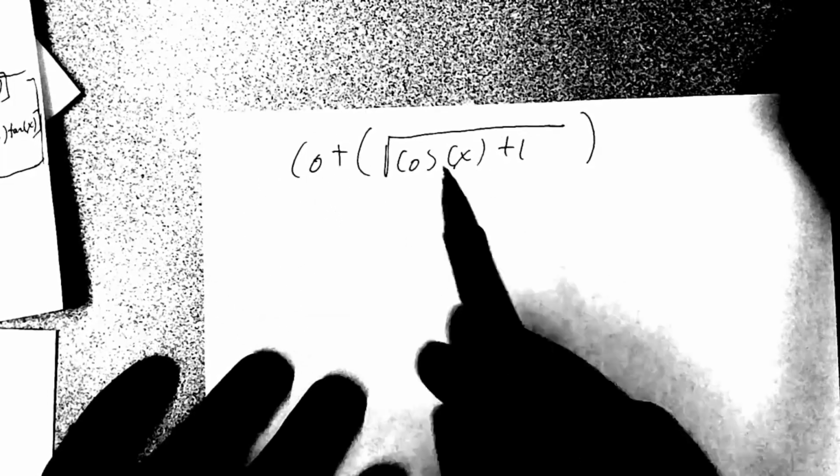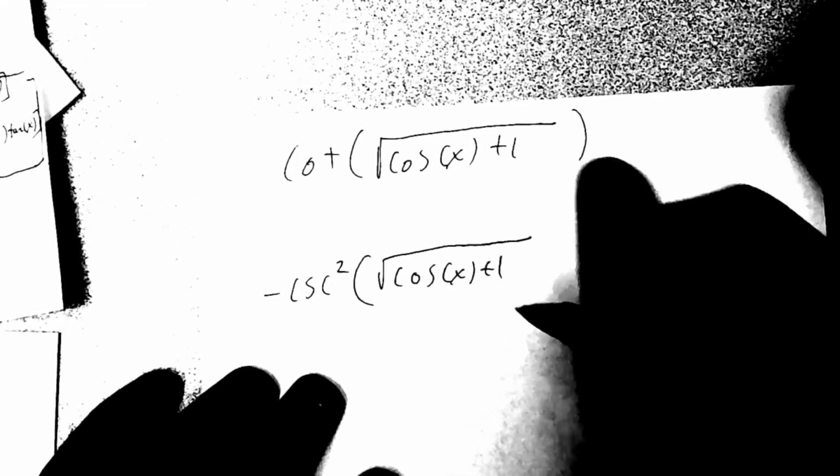Okay, so I'm seeing chain rule immediately because, again, I've got a function inside another function. So let's do that first. My outside function is this cotangent. The derivative of cotangent is negative cosecant squared, and then I keep the inside the same: cosine x plus 1.